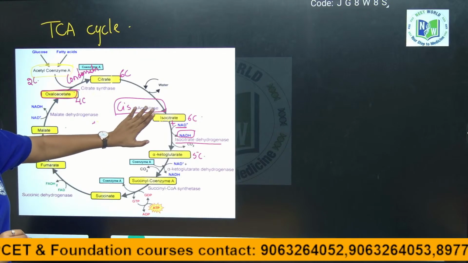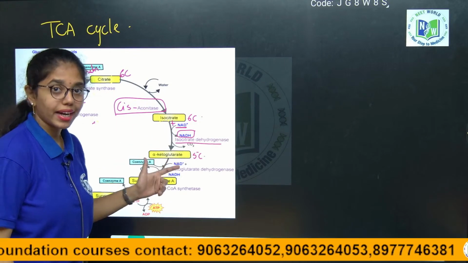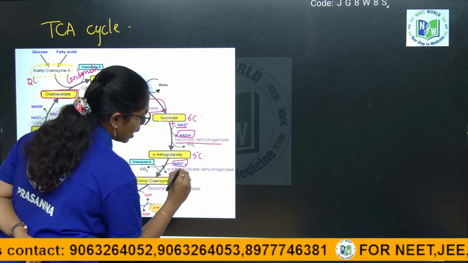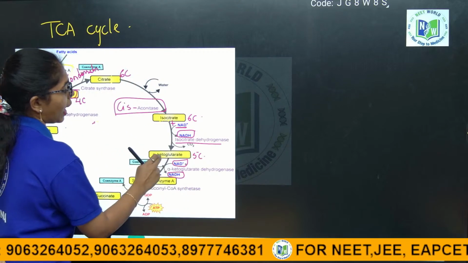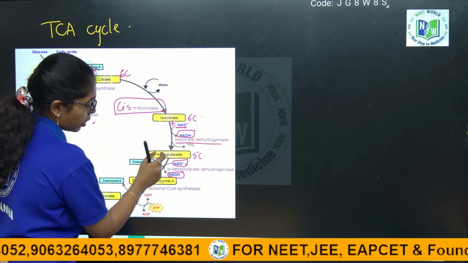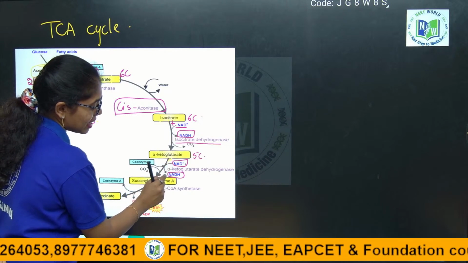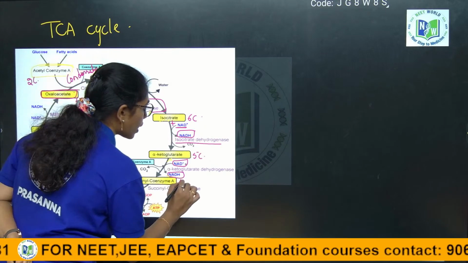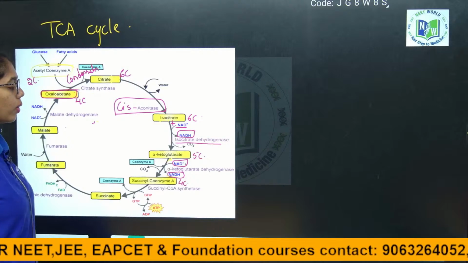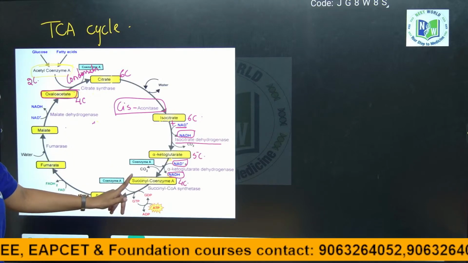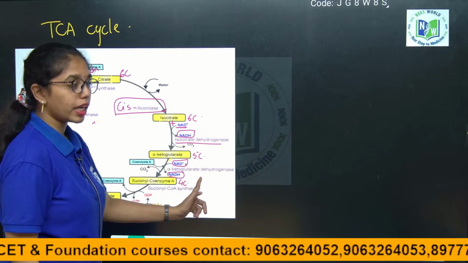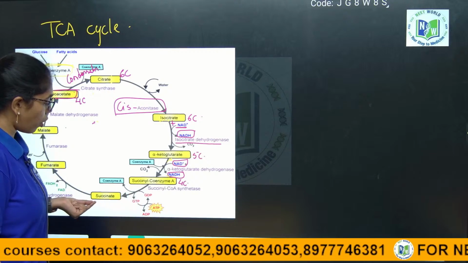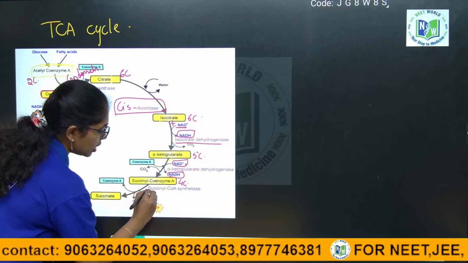And here again by utilizing NAD plus, NADH is formed. Alpha ketoglutarate again utilizes NAD plus and releases the energy rich molecule NADH, forming a 4-carbon compound, succinyl-CoA, in the second decarboxylation reaction, catalyzed by the enzyme alpha ketoglutarate dehydrogenase. Succinyl coenzyme A forms succinate by utilizing GDP.